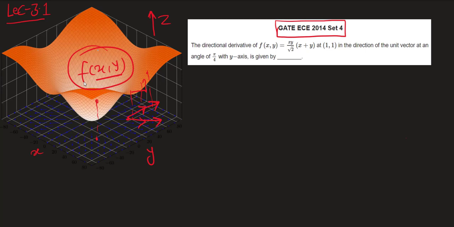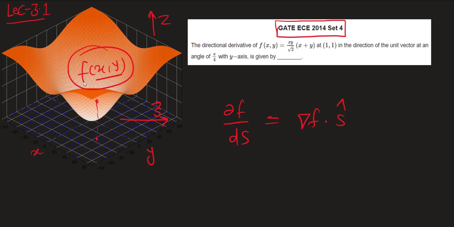So we calculated one equation in the last lecture, that del f by del s is equal to gradient of f dot s cap. And what is this s? s was the direction in which we are going.